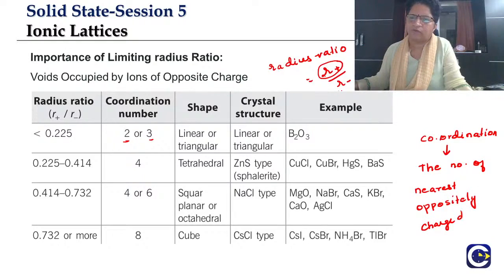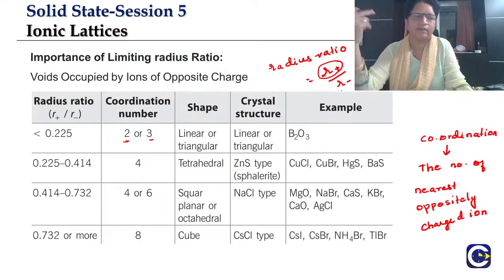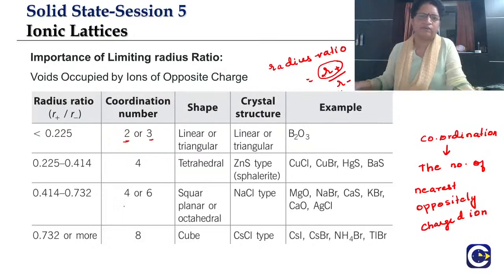So if I go with coordination number of 6 for sodium chloride, it means that around sodium there are 6 chloride ions, and each chloride ion once again is surrounded by 6 sodium ions. So based on the coordination number, we can go with the structure.